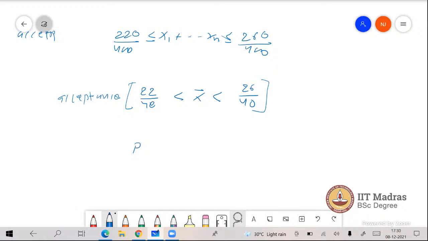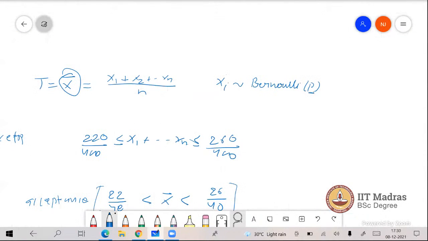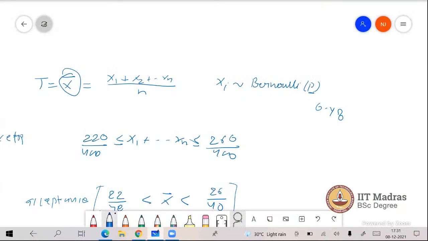So accepting the null means x bar lies between 220 by 400 and 260 by 400, given p is 0.48.